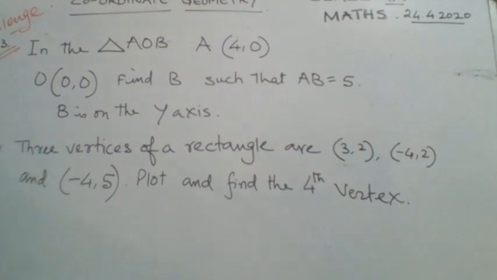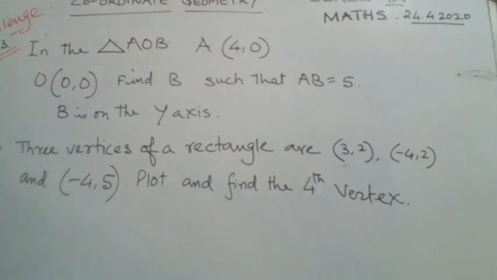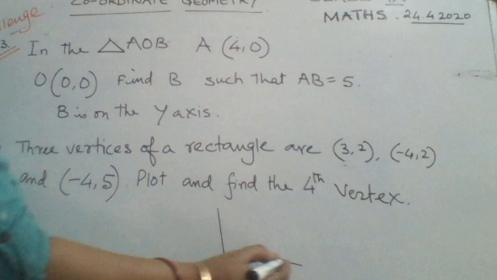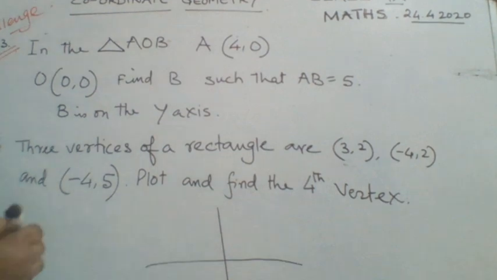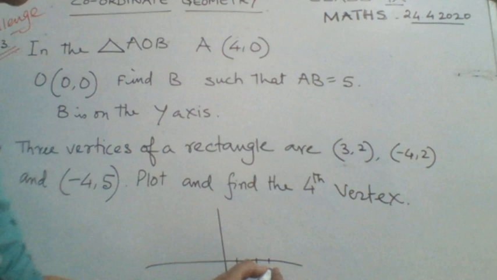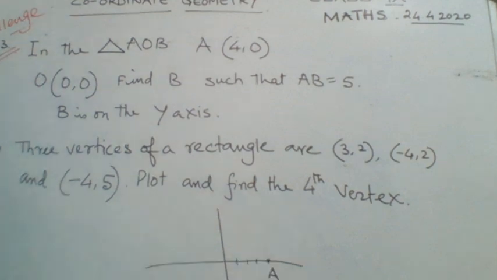Thank you. Okay, so now we will discuss the first question. See, I will give you an idea of exactly how to do it, and after that we will go to the graph on the screen, and then we will find out the exact location. See, in this question, this is the axis. A is equal to 4, 0. So 1, 2, 3 and 4. This point is your A. A is 4, 0.